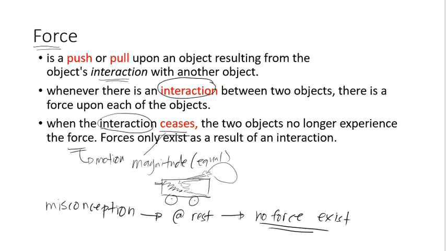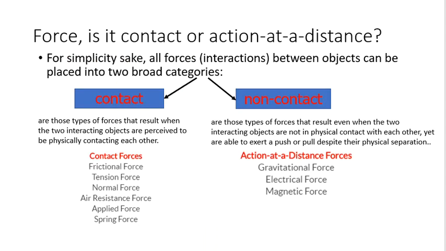So let's identify two major categories of force as described in terms of how they interact. In a simpler way, we'll look at the forces that are what we call contact force and non-contact force. Again, you can pause this video and take down notes as you will be asked to fill in your note-taking worksheets.